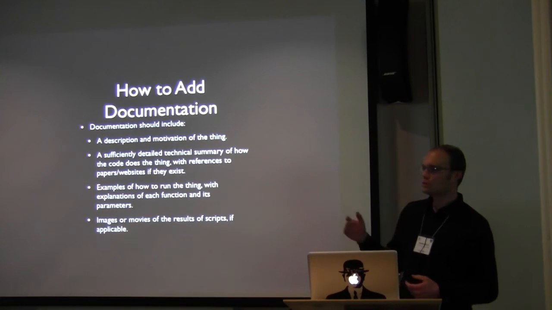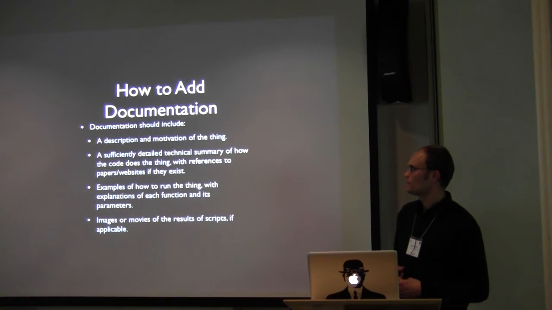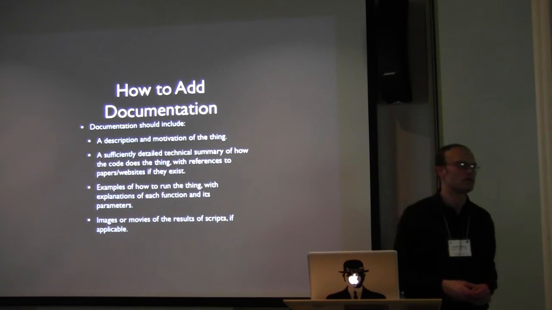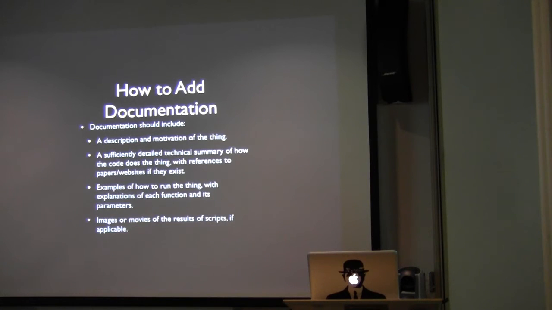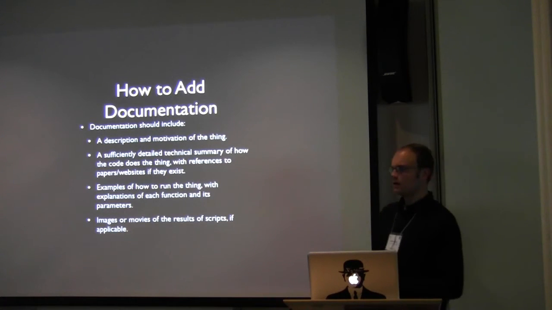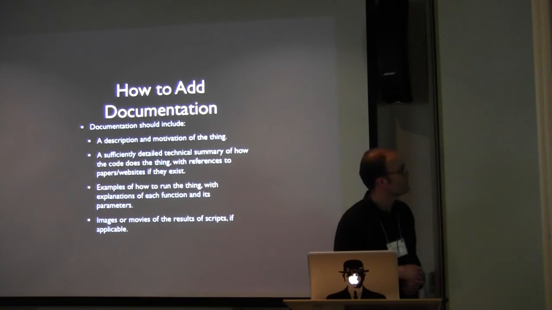So when you come to write new documents, there's a few things you need to do. You need to have a sufficiently detailed description of the thing. Maybe start with a motivation. I'm writing this widget because you are building a widget factory, and this is how widgets work. And you need to know what widgets are. So this is what this document describes.